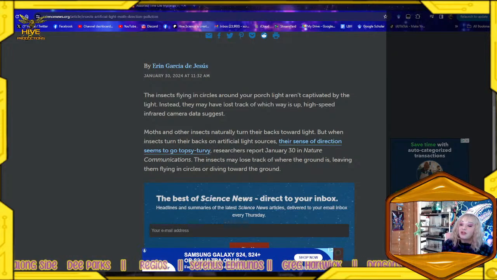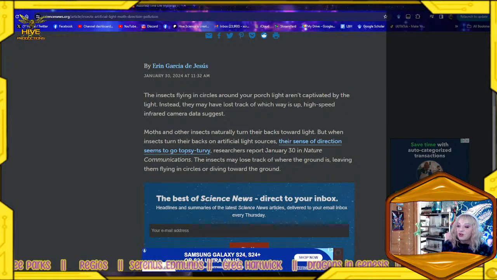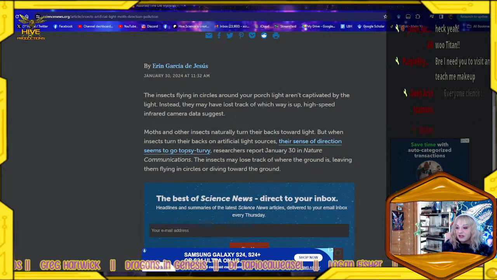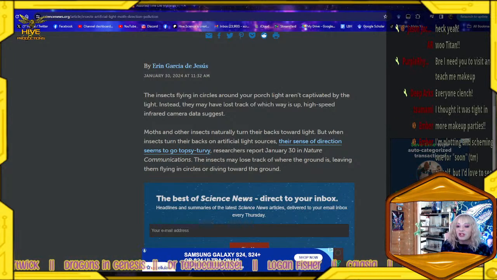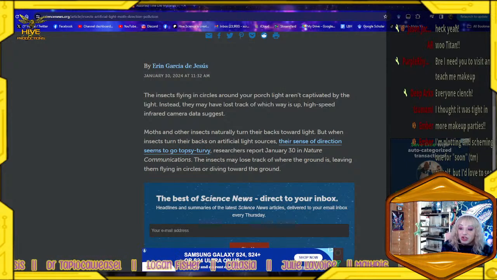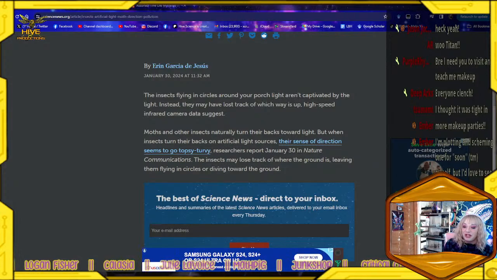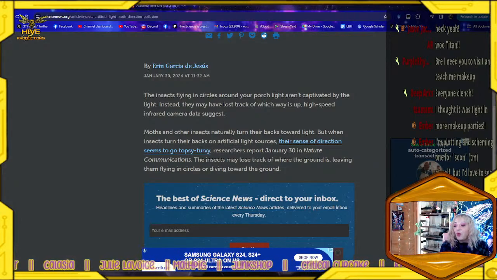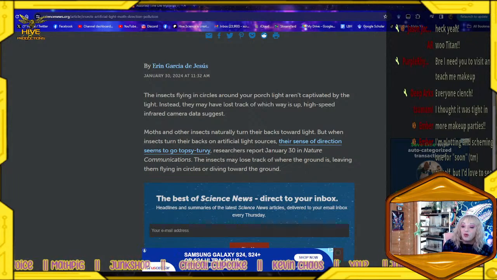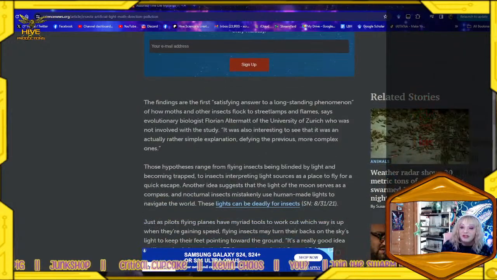Moths and other insects naturally turn their back towards light. But when insects turn their back on artificial light sources, their sense of direction seems to go topsy-turvy. Researchers report January 30th in Nature Communications. The insects may lose track of where the ground is, leaving them flying in circles or diving towards the ground.